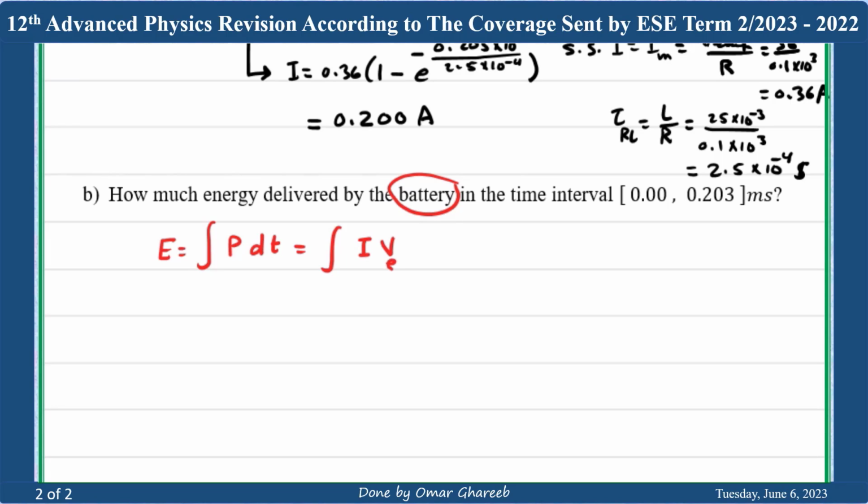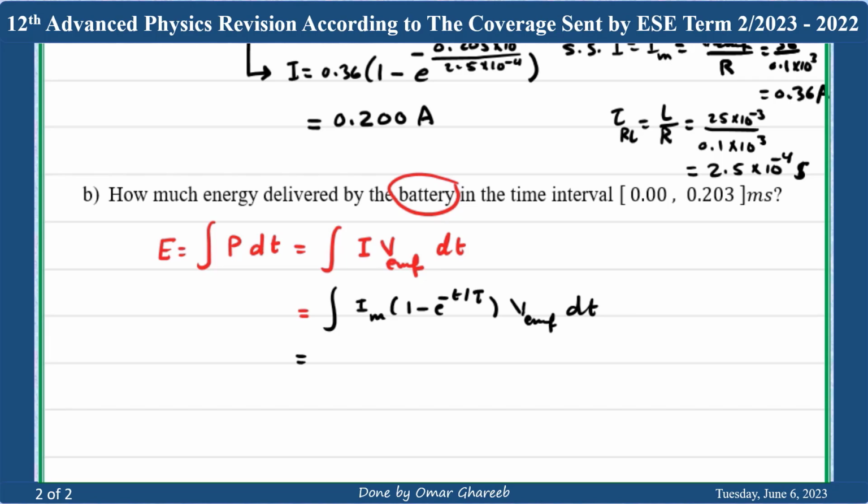I times DEMF. This is the power, then dt. Substitute for the current. The current, while growing, is I maximum times 1 minus e to the minus t over tau, times V, then dt.